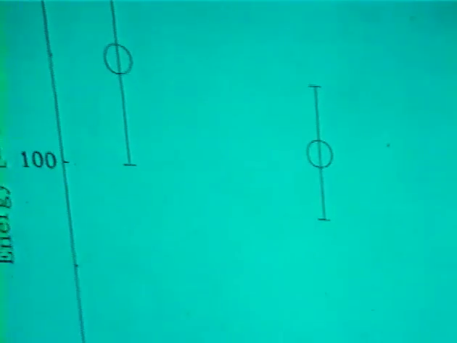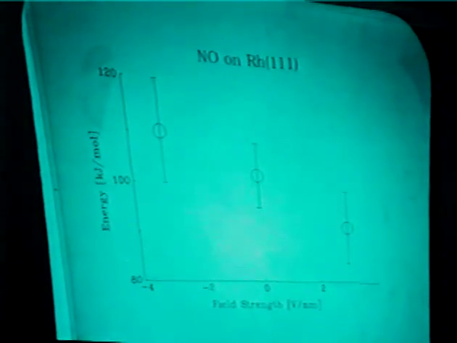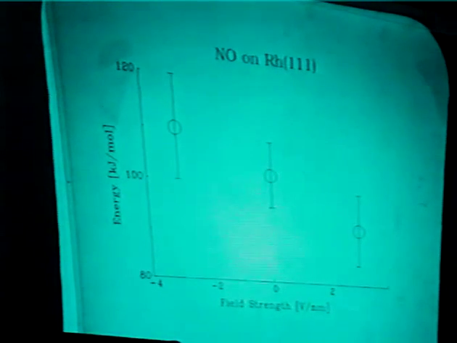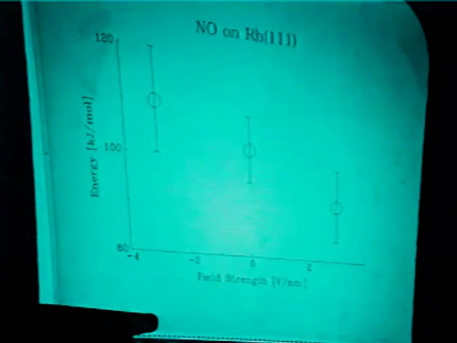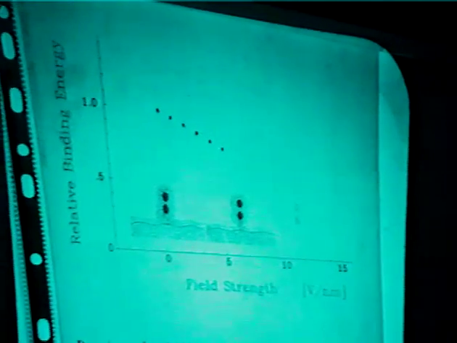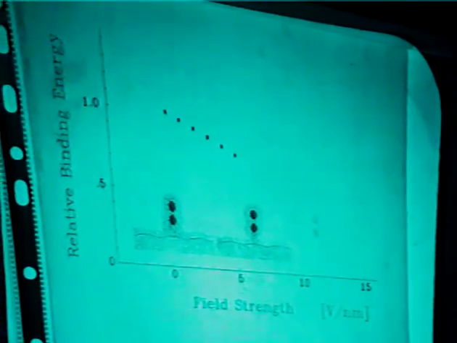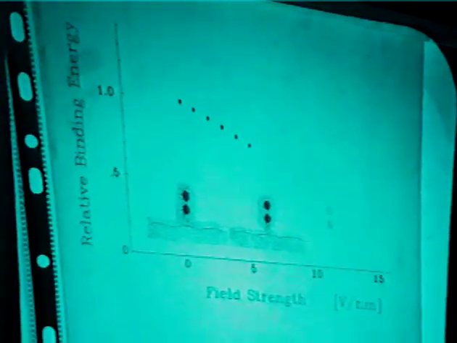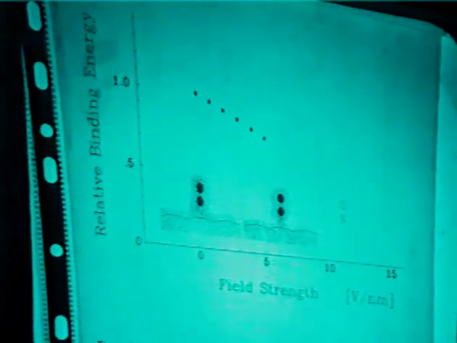So this is a field strength on the rhodium 111 surface, and the binding energy which shifts from about 110 to 97 kilojoule per mole. The available data by Kreuzer show that they have a shift which is nearly what we expect from our experimental work.